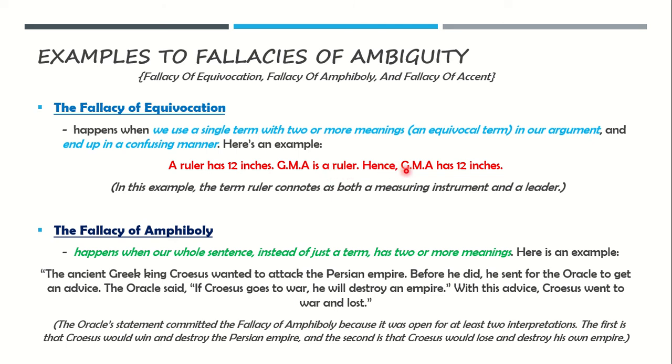So diri naghimo siya conclusion by just basing the ideas given from the first and the second statement, which is actually very false, or dili siya katanggap-tanggap. GMA has 12 inches. What do you mean? So mura ba siya yung ana?